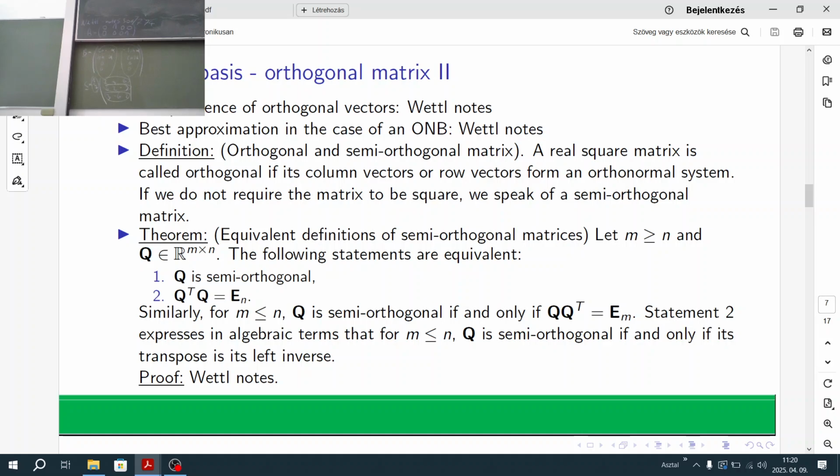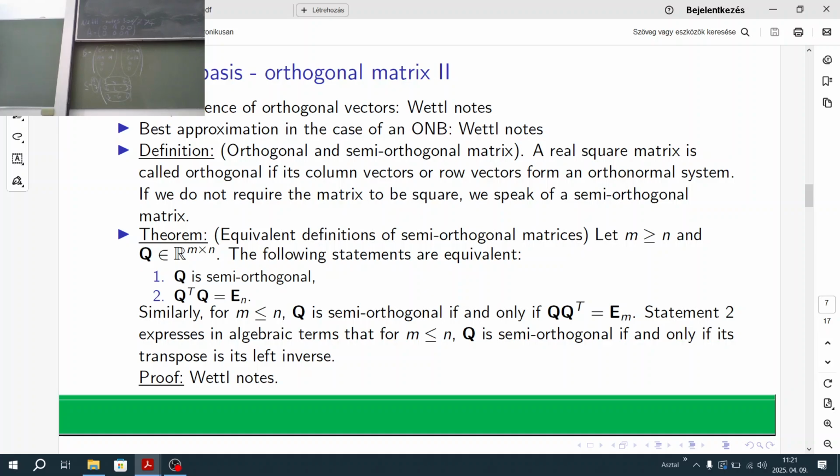Okay, so let's do the multiplication. This is 1.